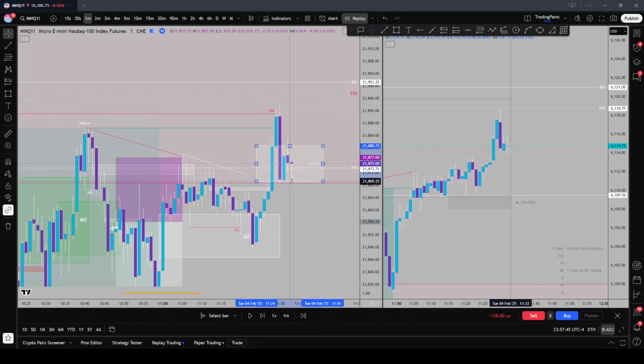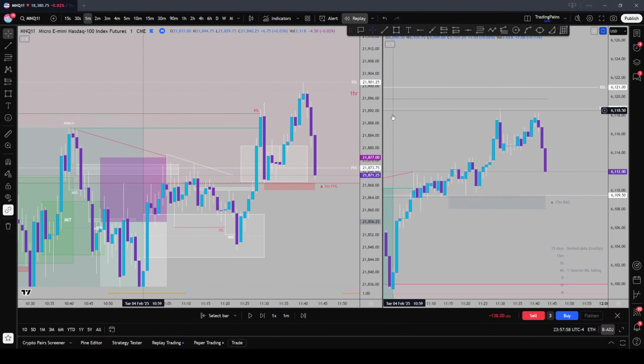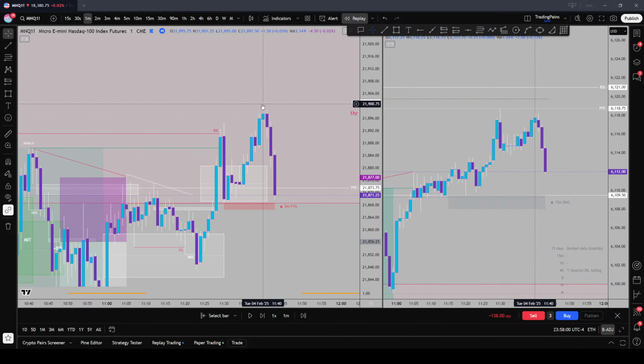Almost. Okay, so we're trying to start our liquidity. Okay, let's do 5 minute fair value gap. Okay, took out that. Sweet. Barely that. You could say that is a big SMT right there.